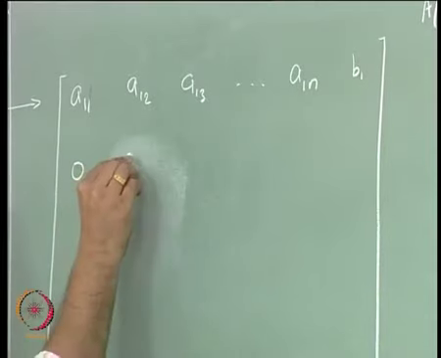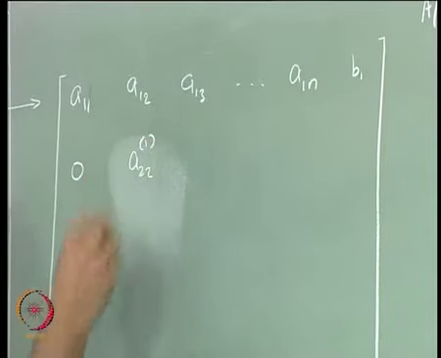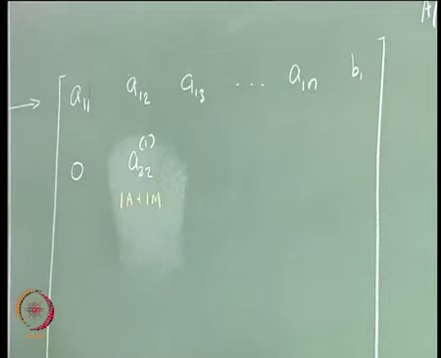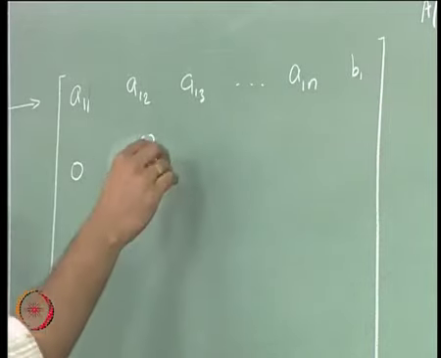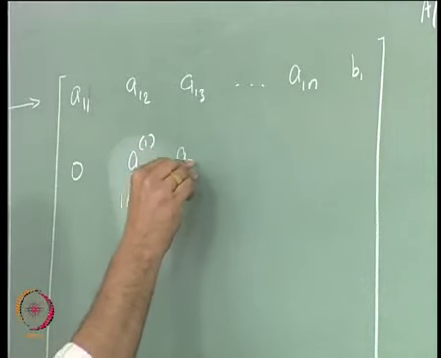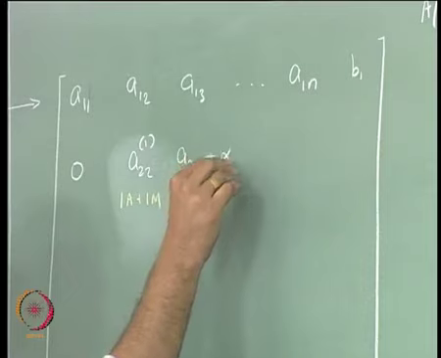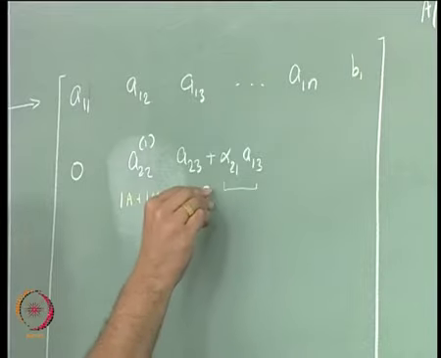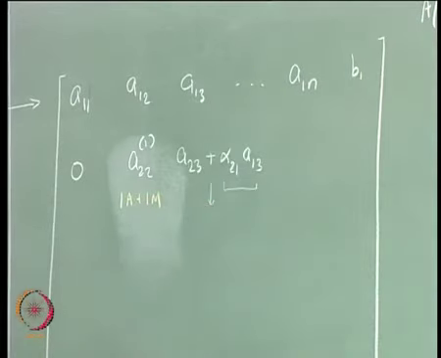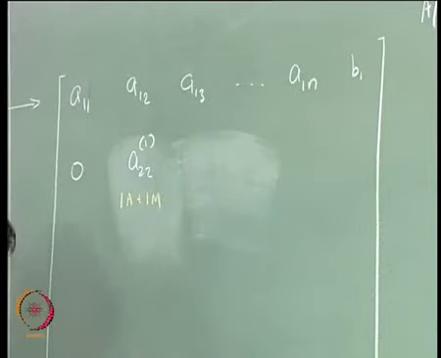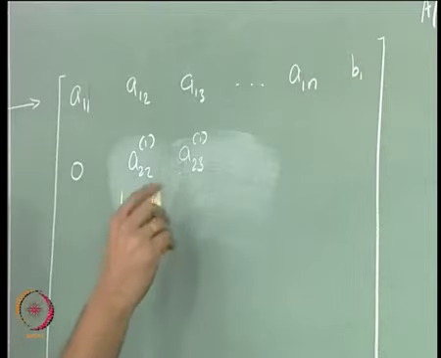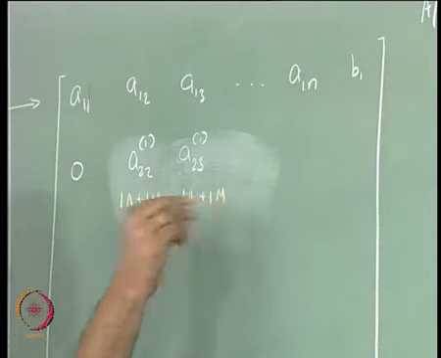Likewise, A23 superscript 1 is going to be nothing but A23 plus alpha 21 A13. So this is one multiplication step and one addition step, and A23 superscript 1 is also obtained from one addition plus one multiplication step.